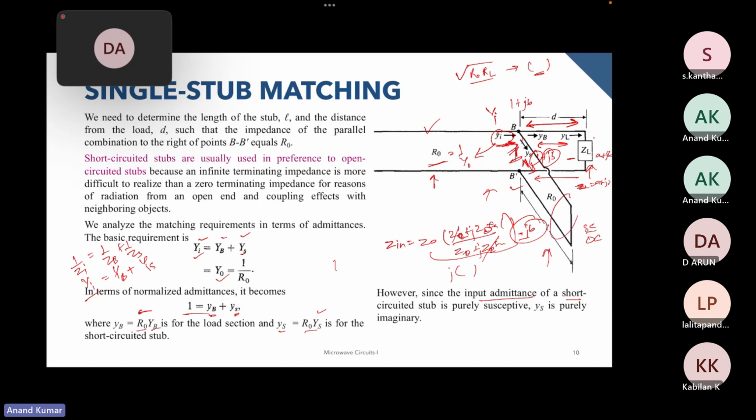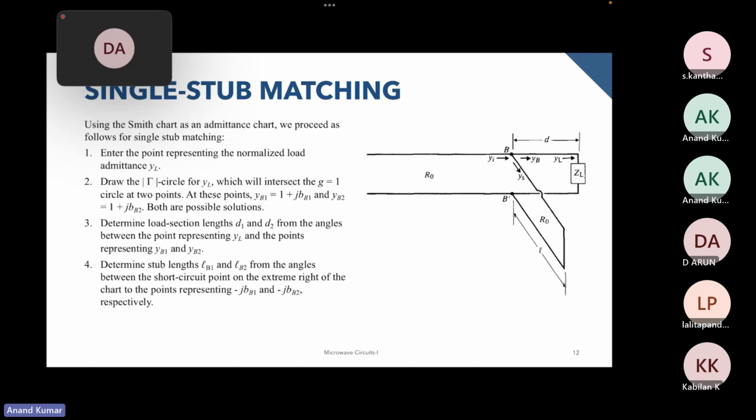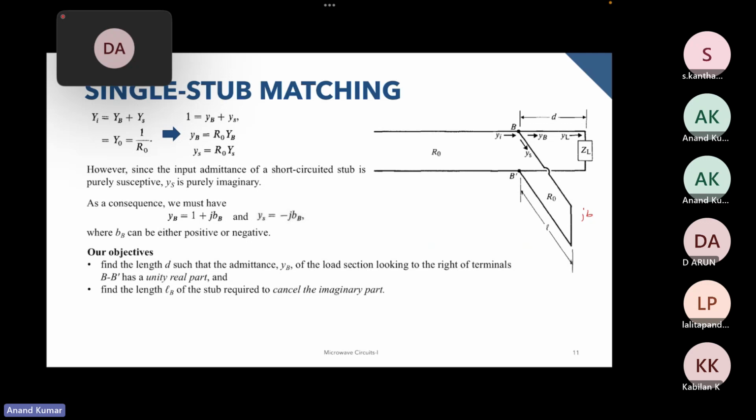So what we have to do is somehow make the real part 1 over here, by using this distance. This stub will offer only something of JB form, and to match this, we have to make 1 plus JB form over here.